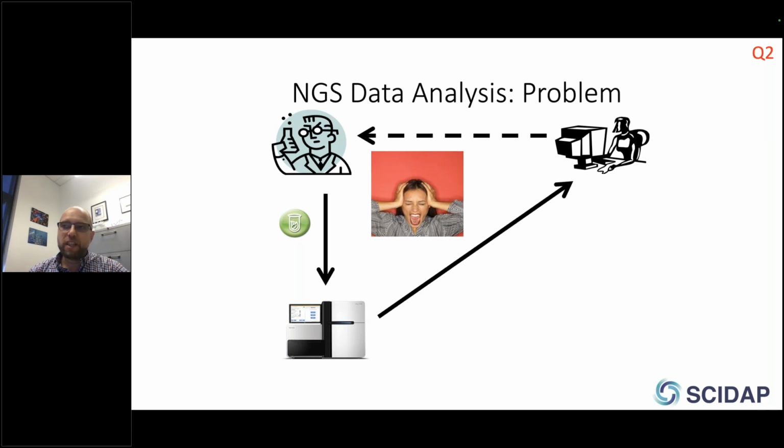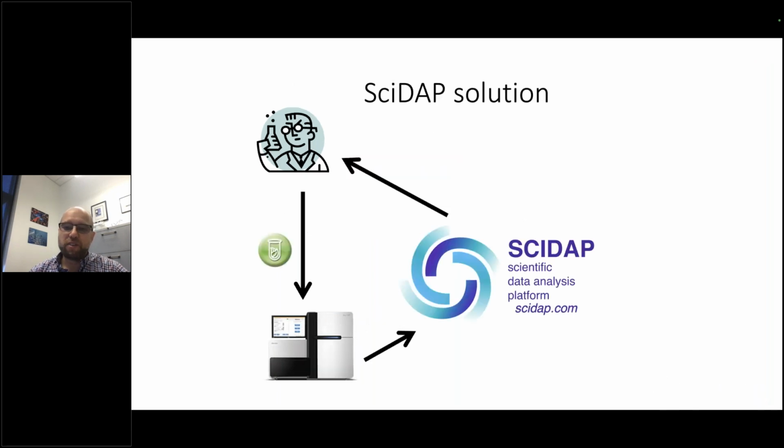In order to solve this, we wanted to automate this initial data analysis, giving researchers the opportunity to not only figure out whether the experiment worked or not, but also browse the data, make initial conclusions, and maybe even get some images for publications.